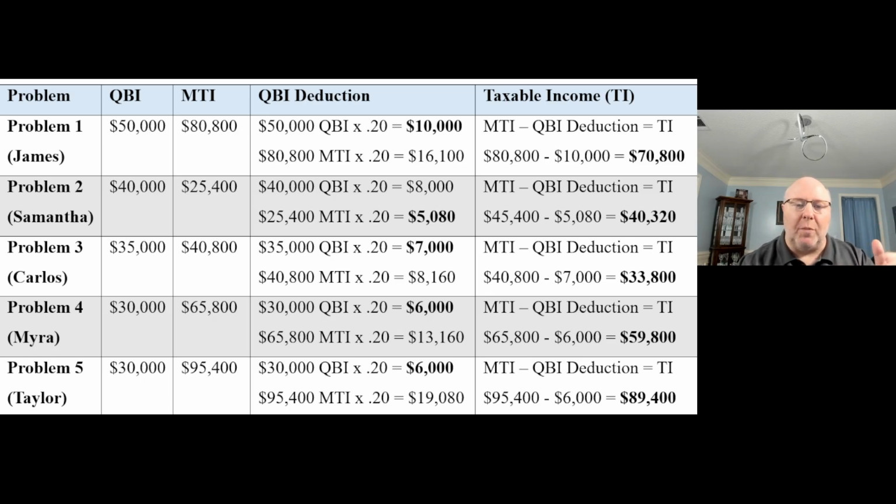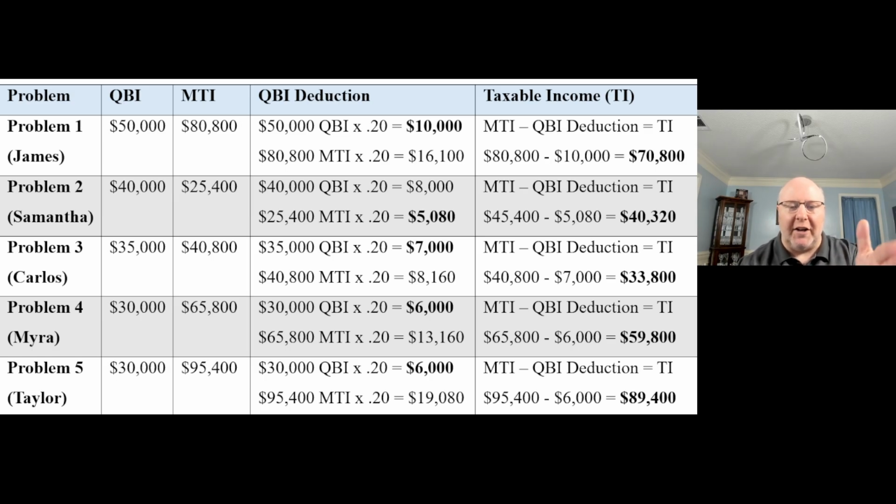But what we do have is modified taxable income. That's where we calculated it. We said, okay, James, you had $50,000 of QBI, plus your spouse's $60,000 of W-2 wages. That gave us $110,000. Then we subtracted out the standard deduction, which was $29,200. So we got to our modified taxable income of $80,800. And that's what we compared to see where we were on that table: below the threshold, above the threshold, or within the threshold, and the threshold was about 191,000.